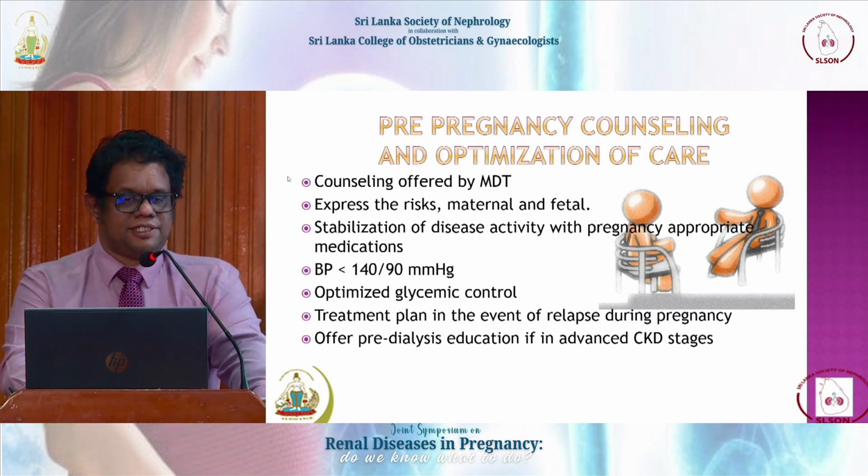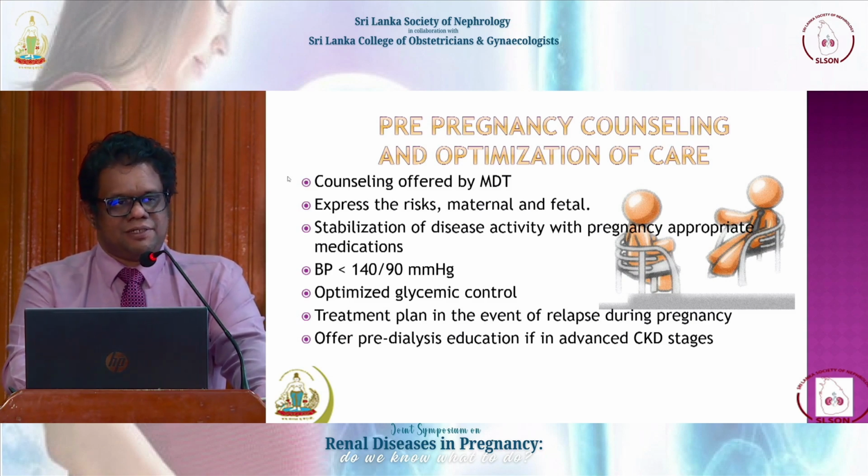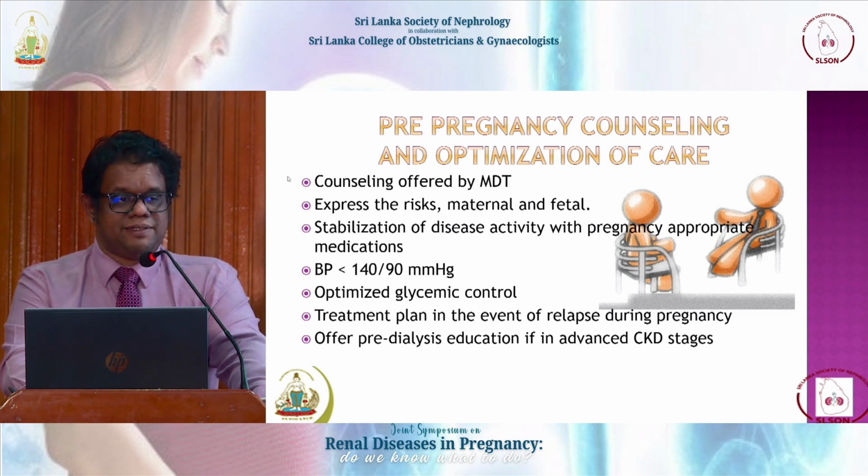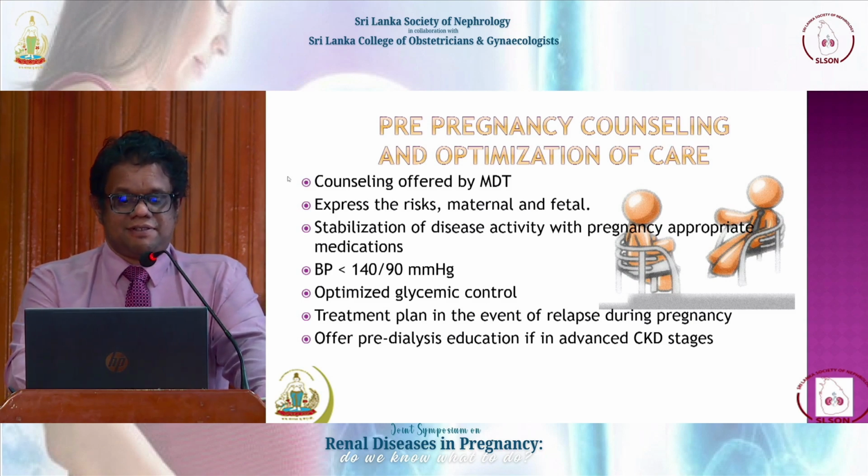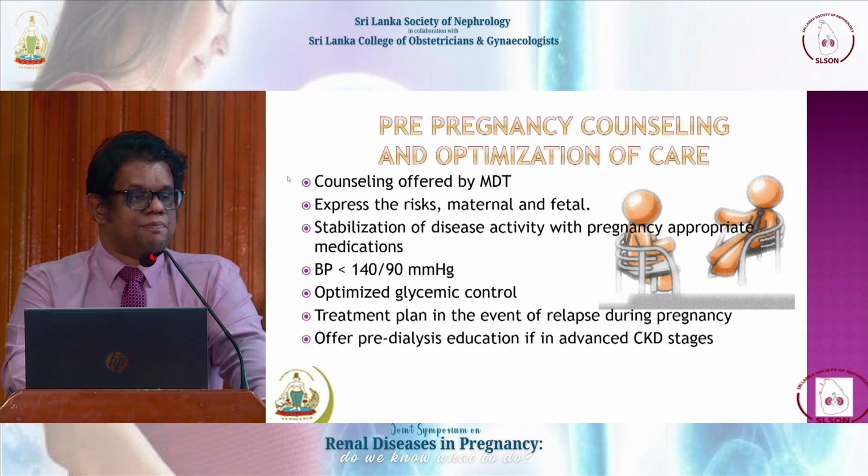It should be a joint effort. The risks to the mother as well as the fetus have to be expressed, and preferably should be given as a written document. Stabilization of disease activity with appropriate medication before pregnancy is one of the most important things.